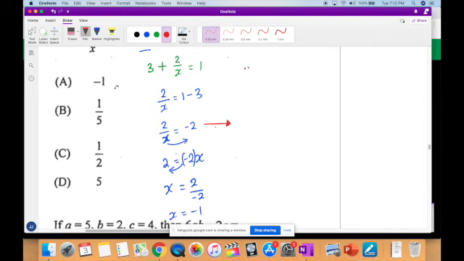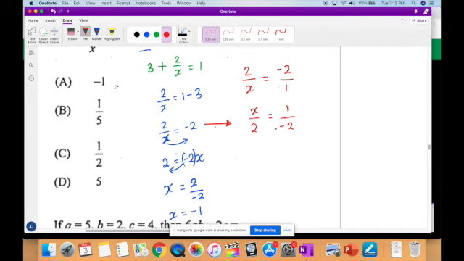From here, I would have 2 over x is equal to negative 2. Recognize that this is actually negative 2 over 1. Right? And now, what you could do is flip both sides to get x over 2 is equal to 1 over negative 2. You can actually flip both sides.